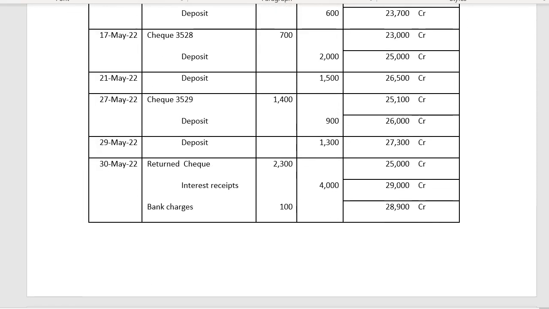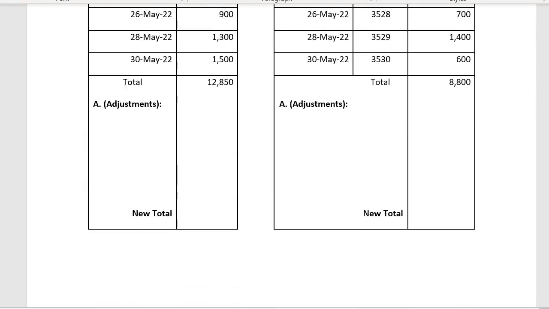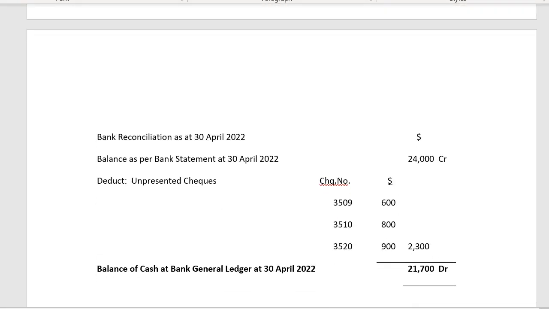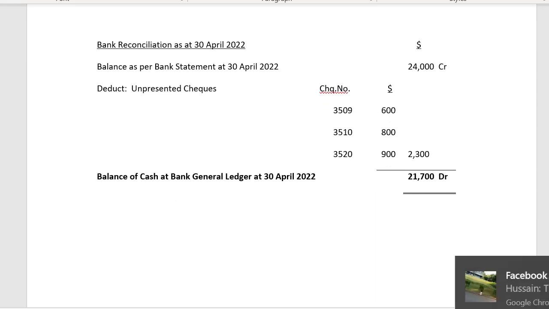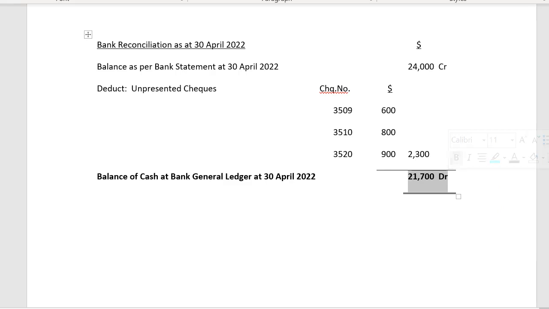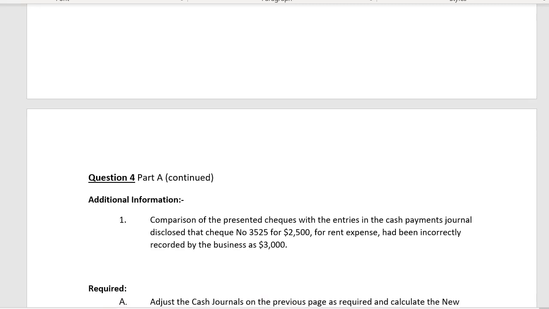How do we get the opening balance for cash at bank general ledger? You go back to the previous bank reconciliation, which is 21,700. So that is the opening balance of cash at bank.